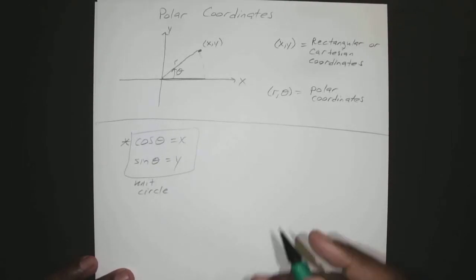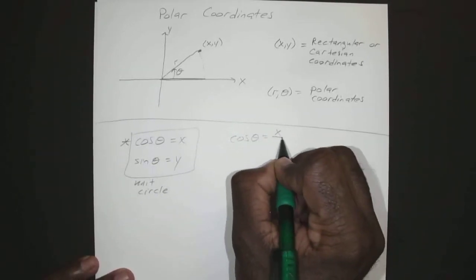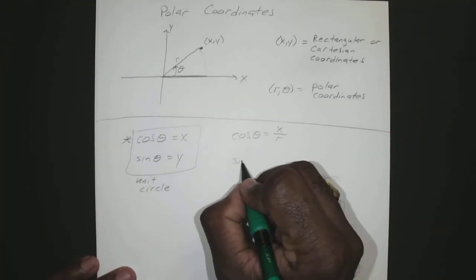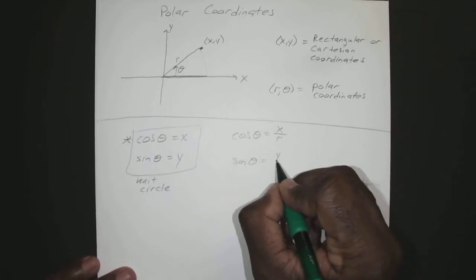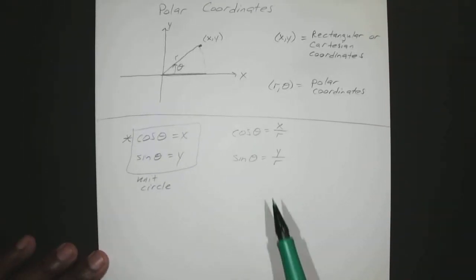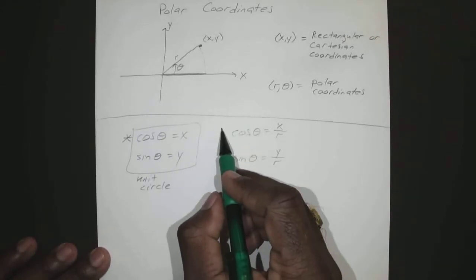So on a non-unit circle, cosine of theta is equal to x divided by your radius. Sine of theta is equal to y divided by your radius. Which is why on a unit circle, when your radius is equal to 1, it's just x and y. So you can really look at this as more of a general description or definition.